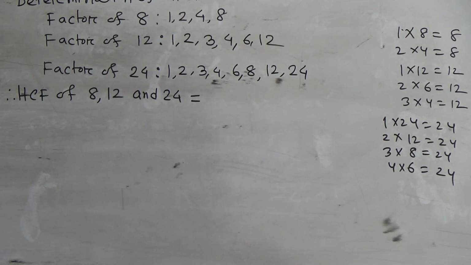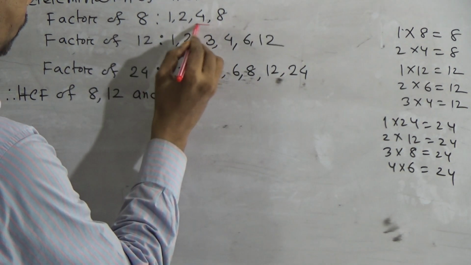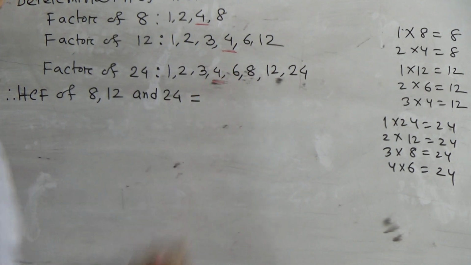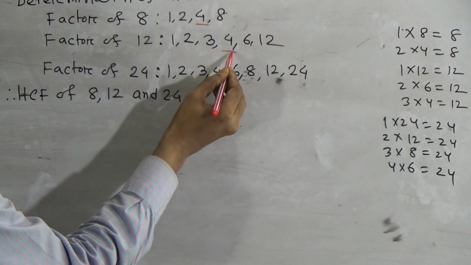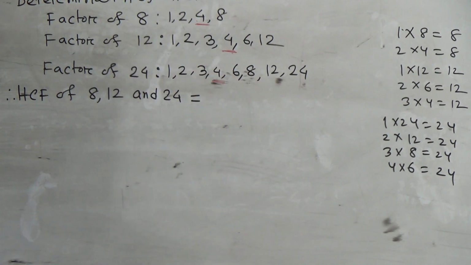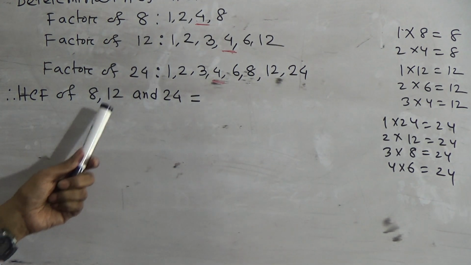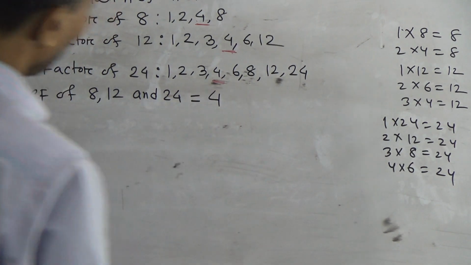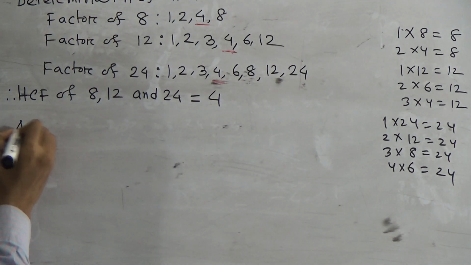Look, see here. Here is 4 and here is also 4 and here is also 4. So this is the highest common factor. Therefore, the HCF of 8, 12 and 24 is only 4. Okay, student, write the answer.